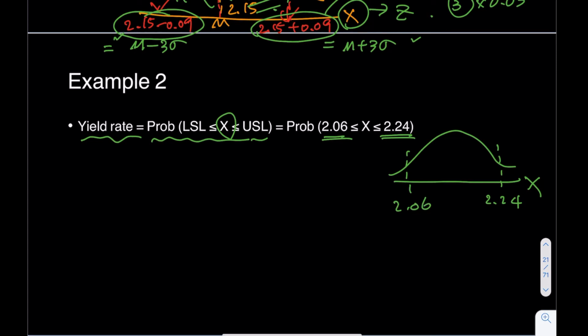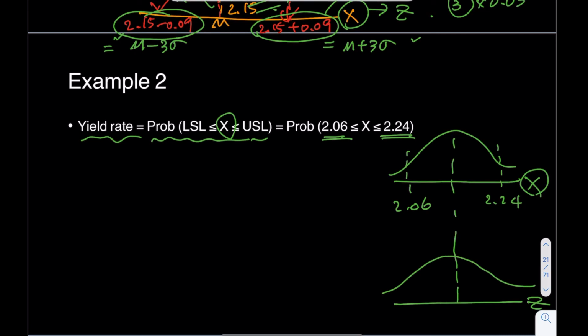But we do not have any distribution table for X, so we have to convert it into Z, right? If it's Z, the center line will be matched with 0, and we have to find this Z1 value and this Z2 value.